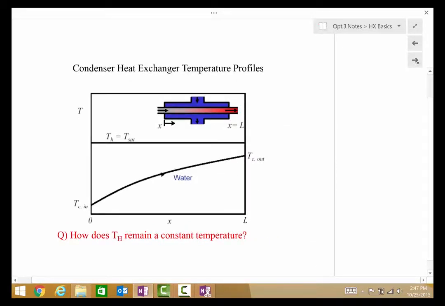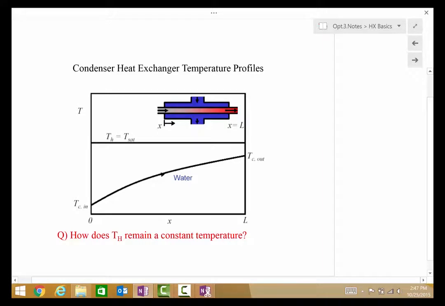So in this condenser heat exchanger, one of the things that you notice is that you have this exponential increase. Well, I guess at this point we don't really understand that it's an exponential increase, but we have an exponential increase in the temperature of the water compared to this saturated process.